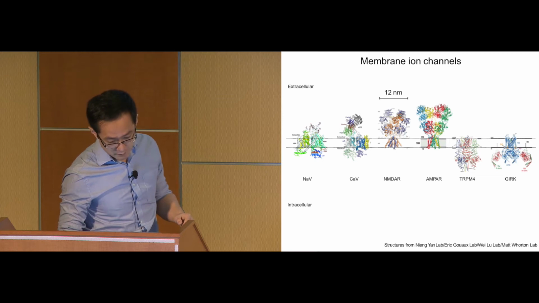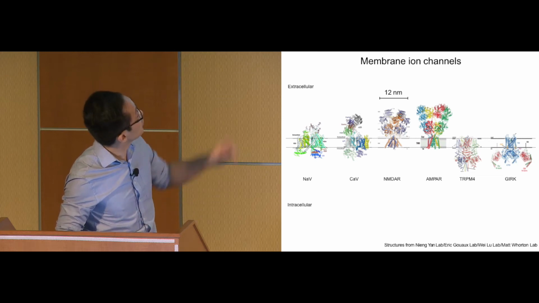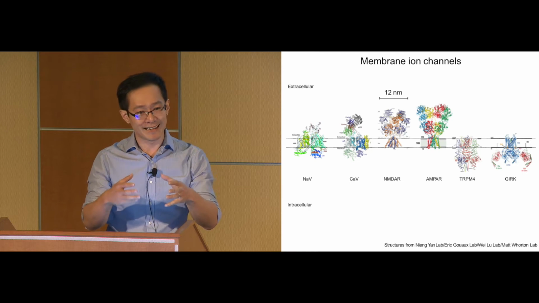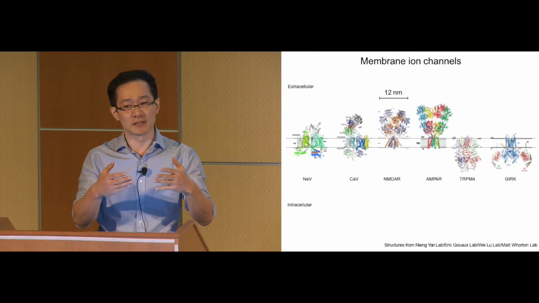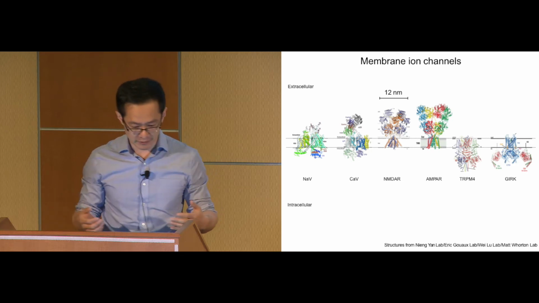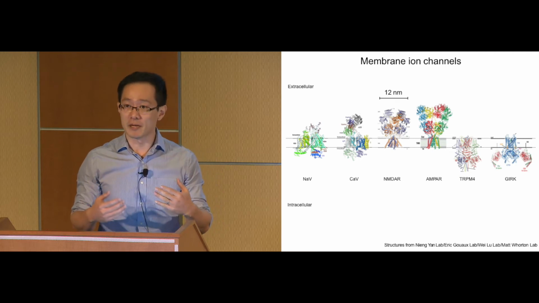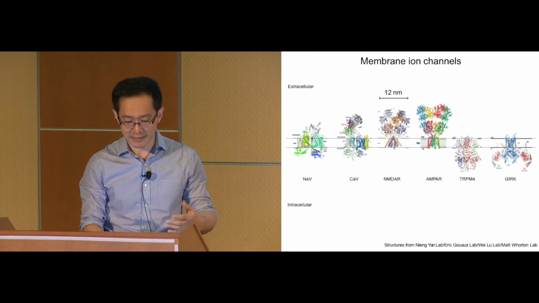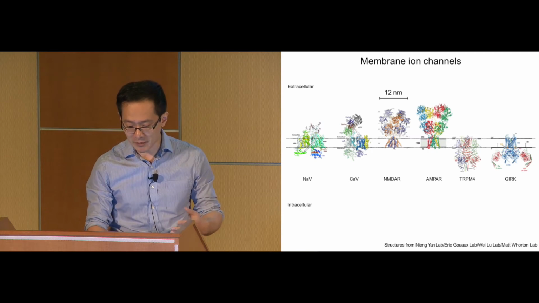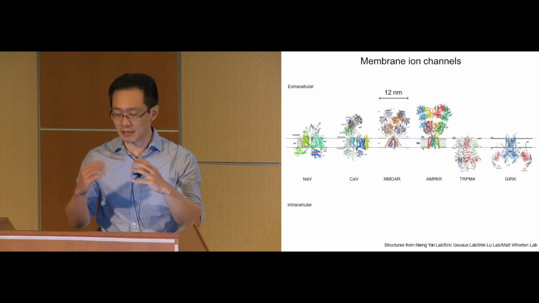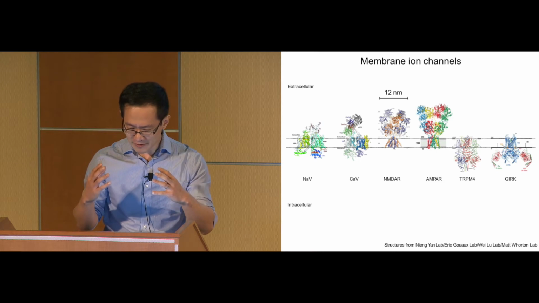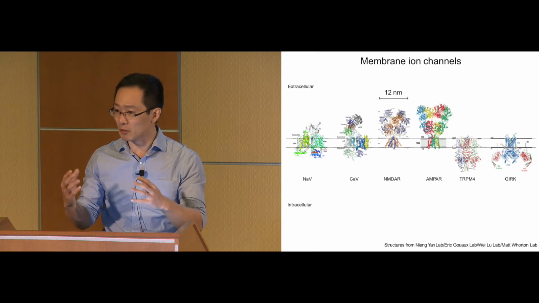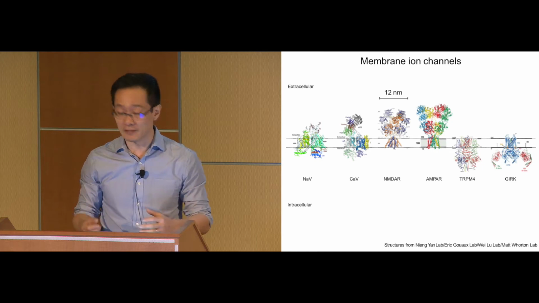These transmembrane domains contain a pore which has selective filters for ions of different diameters, and that's responsible for current flow. And all these extracellular and intracellular big chunks of protein modulators have evolved in different ways to either gate the current or modulate the current.